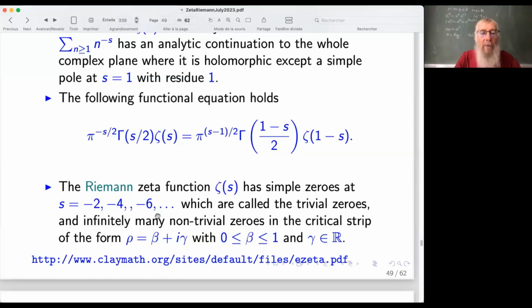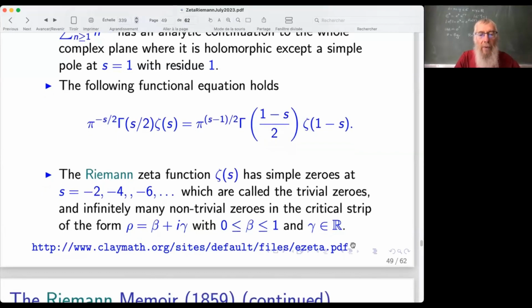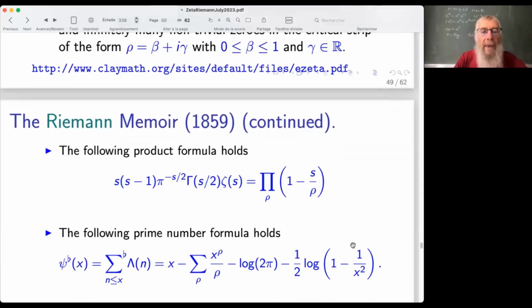And he proved that there are infinitely many non-trivial zeros in the critical strip, which means that there are numbers rho equal beta plus i gamma, where beta is between 0 and 1. This is the critical strip, and gamma is in R. So he proved that there are infinitely many non-trivial zeros, and I will explain one proof of this fact.